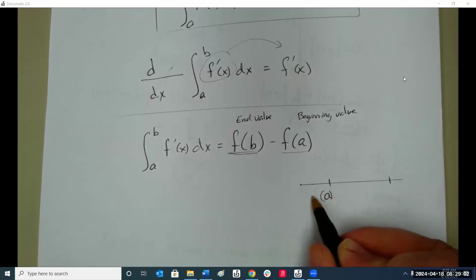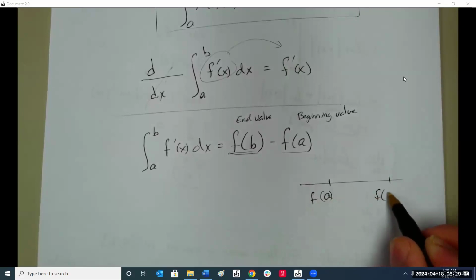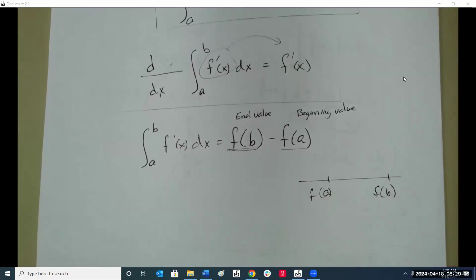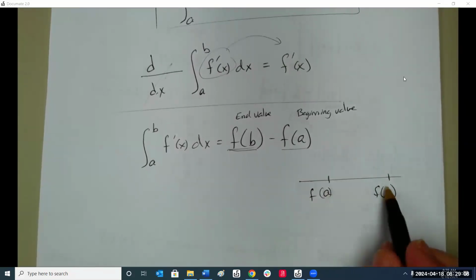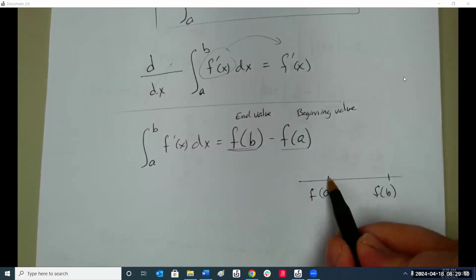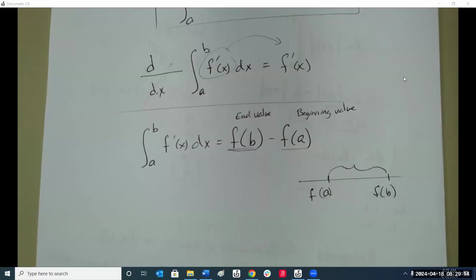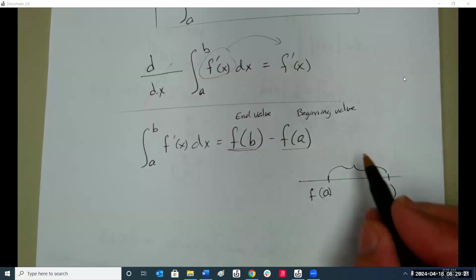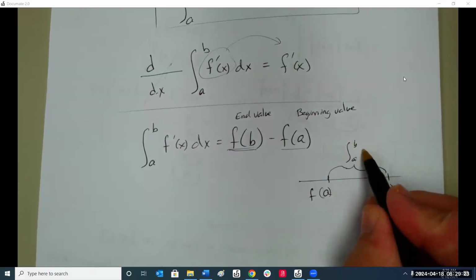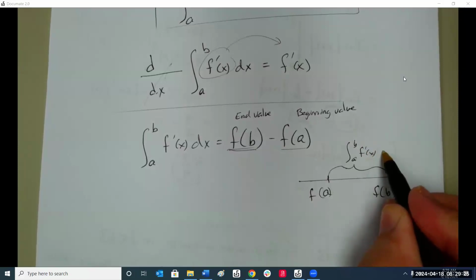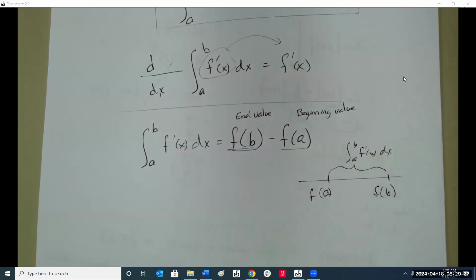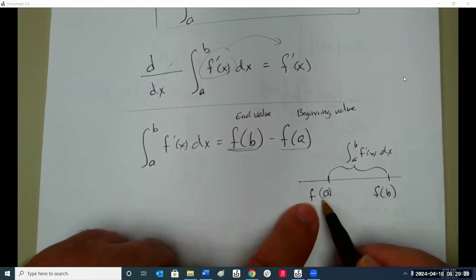So let's say we had this f of a to f of b. What is the distance between these two? The integral. Because it's f of b minus f of a.